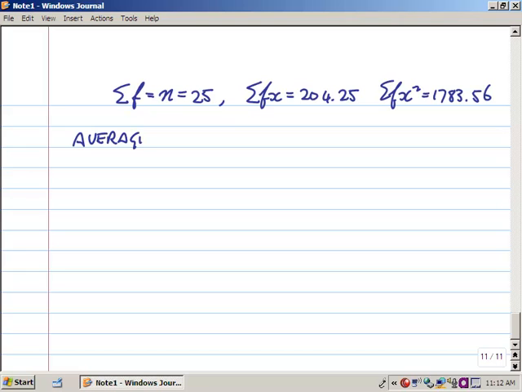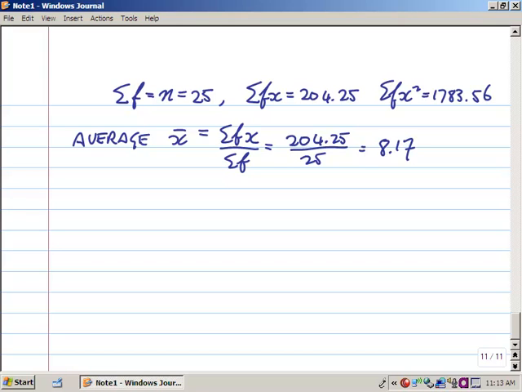So the average, x bar, is sigma fx divided by sigma f, which is 204.25 divided by 25. It's exactly 8.17.